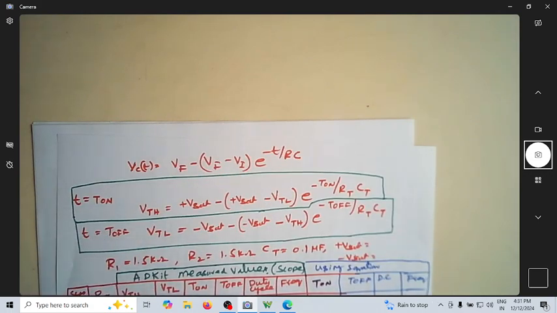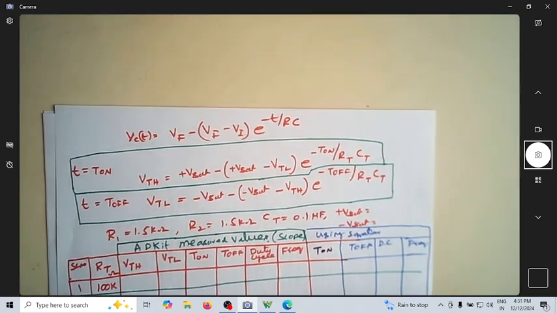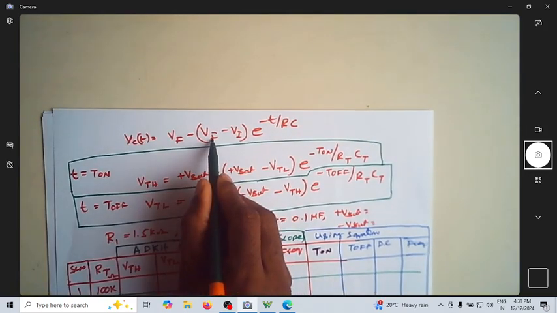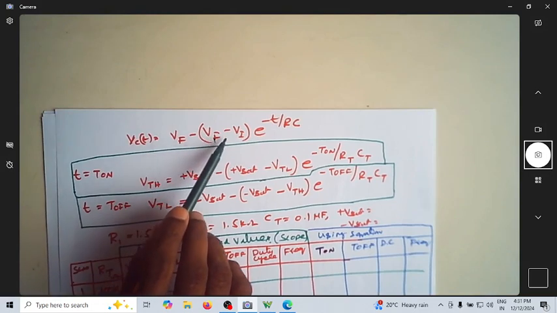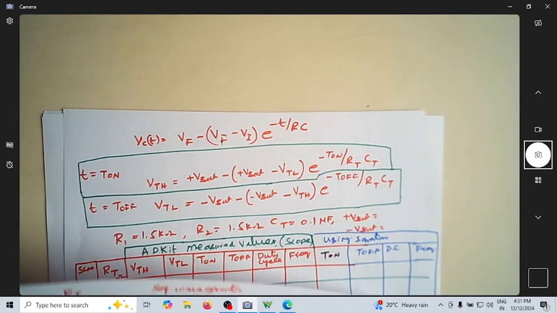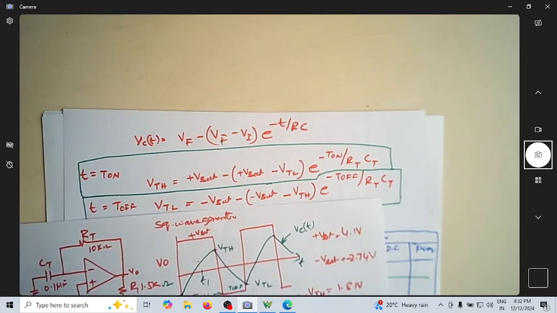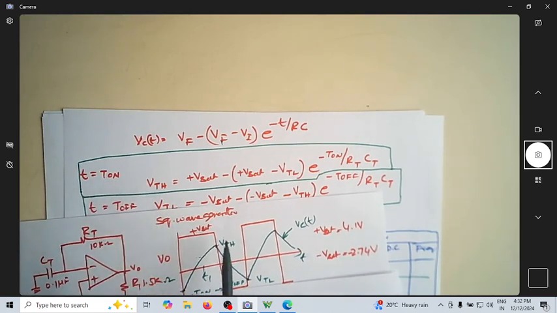This is the expression for the capacitor voltage, which we discussed in detail in previous videos: V final minus (V final minus V initial) e power minus T by RC. For T equal to T on, the equation changes as per the initial and final voltages and the voltage at T equal to T on.